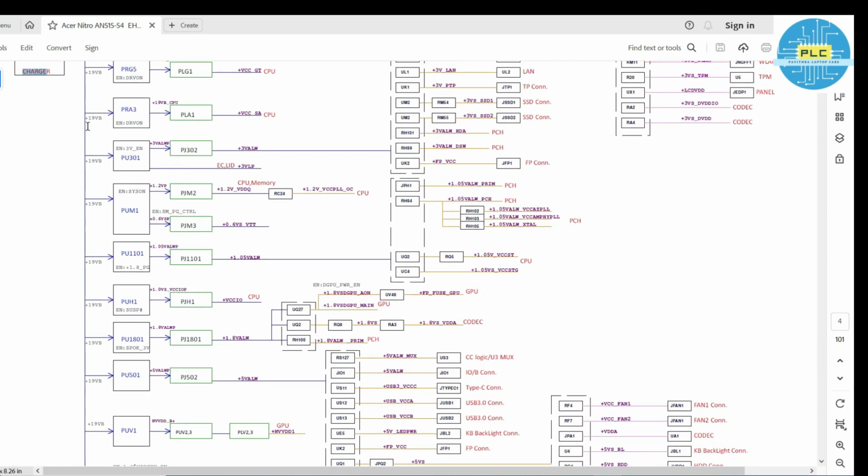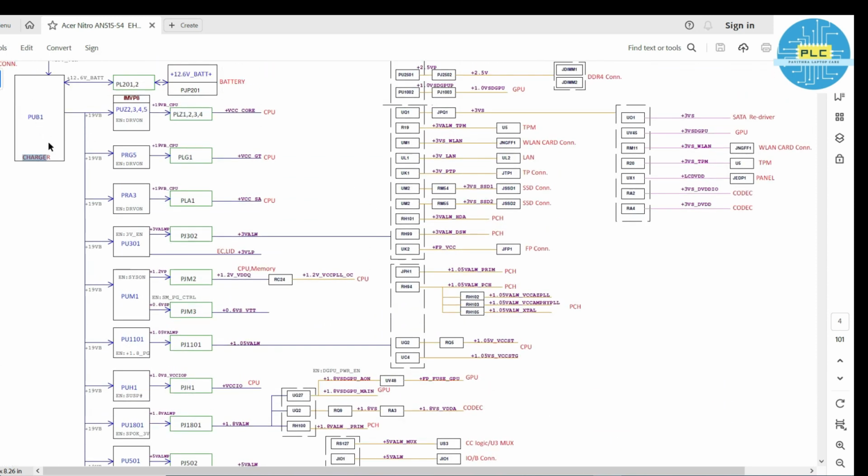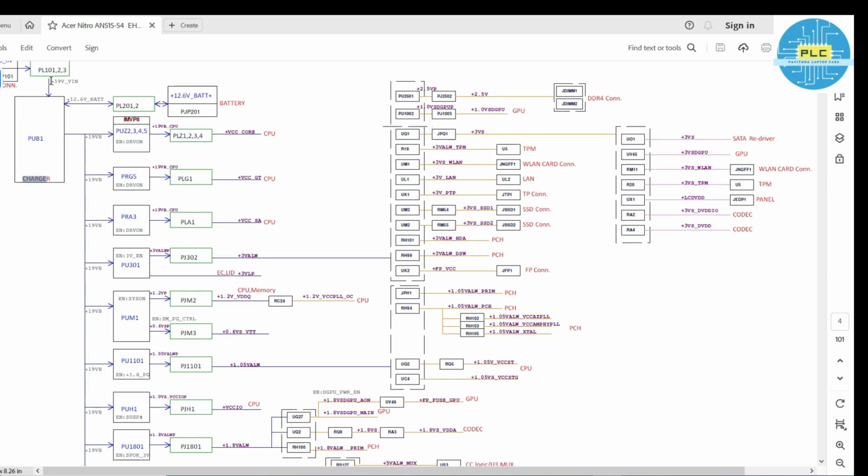See, 19VB charger output. Once we connect positive and negative, this load gives the voltage of 19V, V_IN, or battery voltage 12.6 volts. This produces plus 19VB.